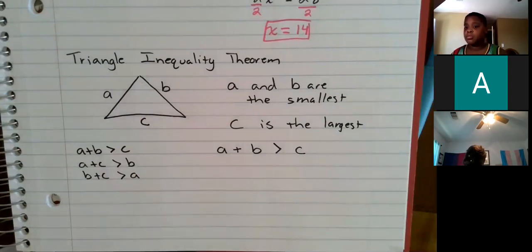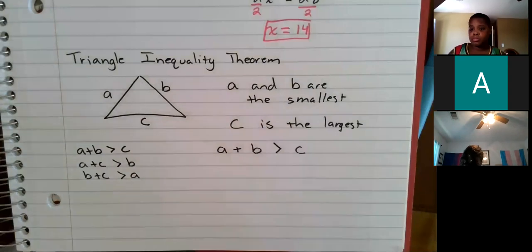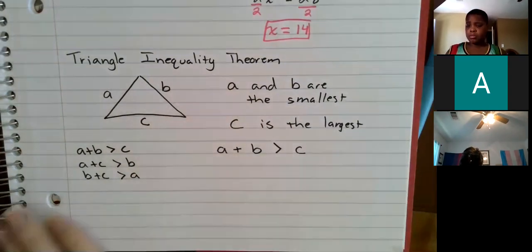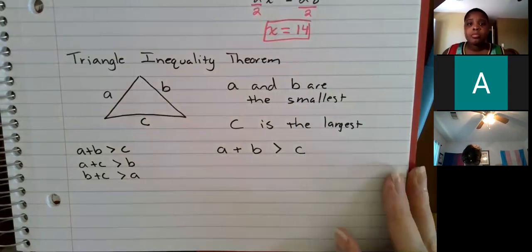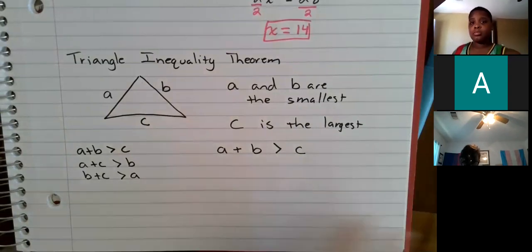But the best way to go about checking it, the quickest way to check it, is just to focus on the two smallest combined needing to be greater than the largest. If the two smallest combined is greater than the largest, then it's always going to be a triangle. Okay? All right.